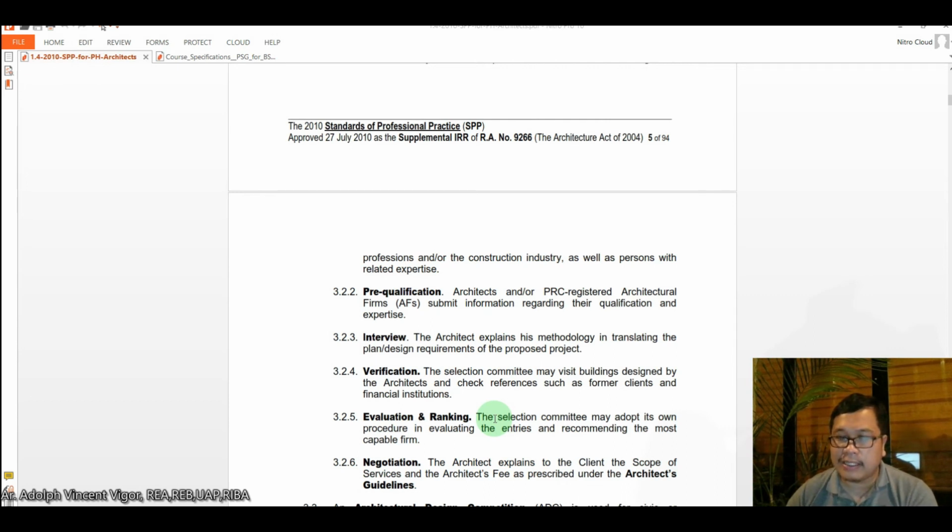Okay, so it means that when a client approaches you and wants you to build something for them and it's going to be worth a few millions, then you are going to utilize every penny of the client's money to build that structure. Okay, so that's the meaning of integrity.